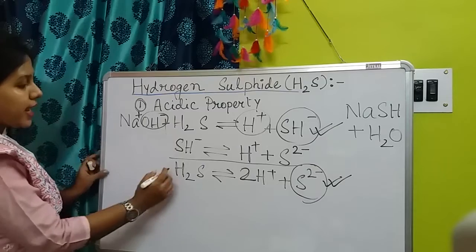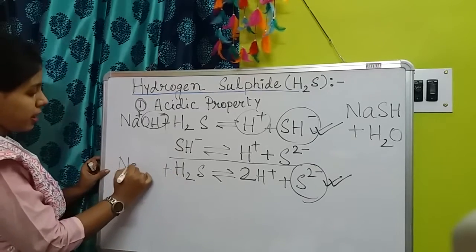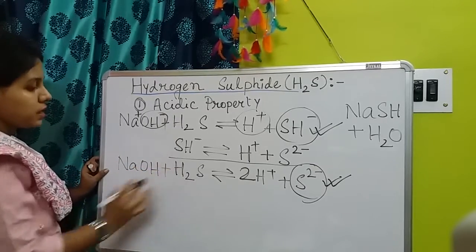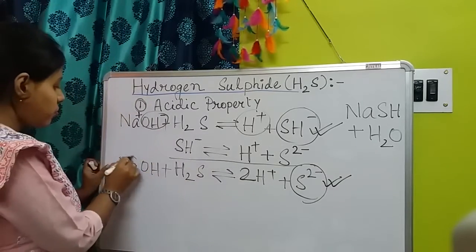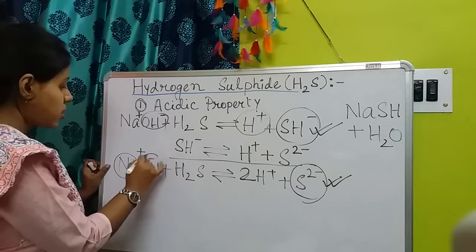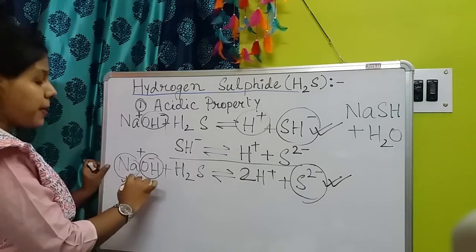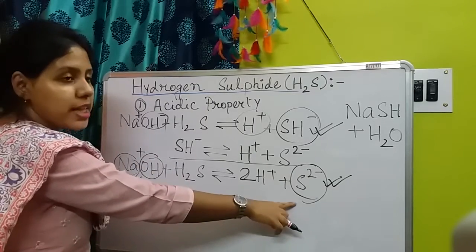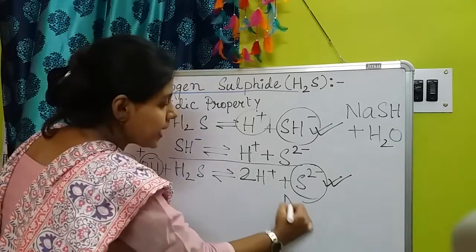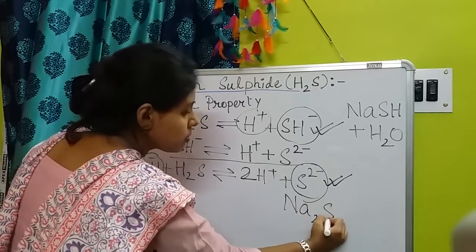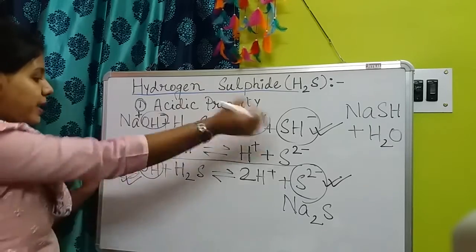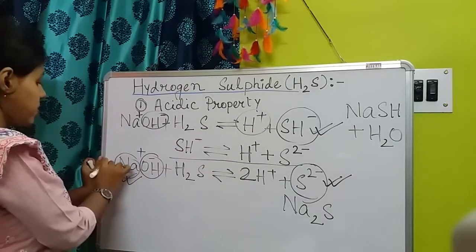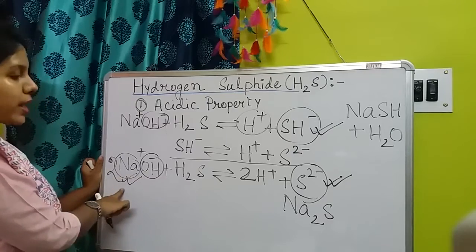But when NaOH reacts in this other case, it will make Na plus and OH minus. Na plus will react with the S2 minus ion, making sodium sulfide, Na2S, and here the balancing should be 2 NaOH.